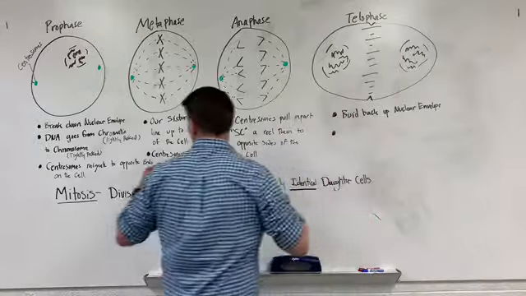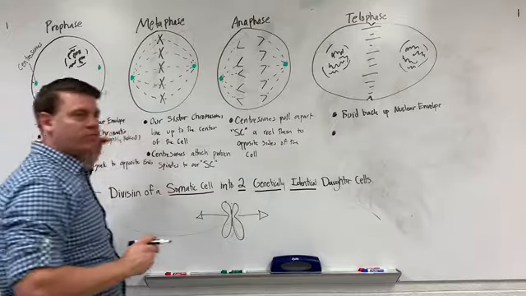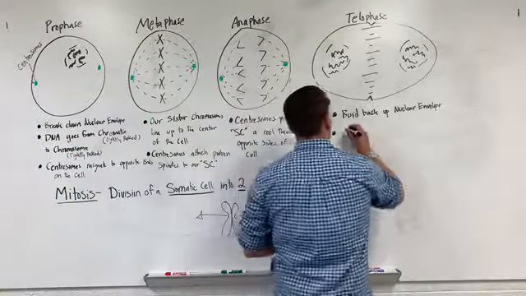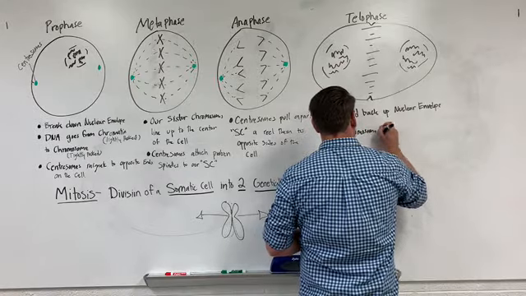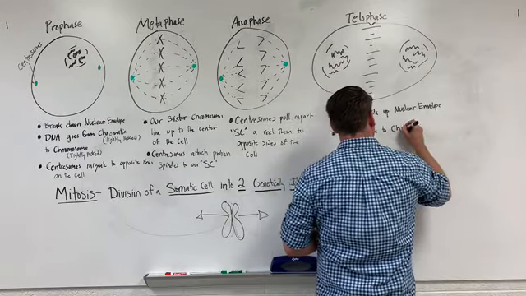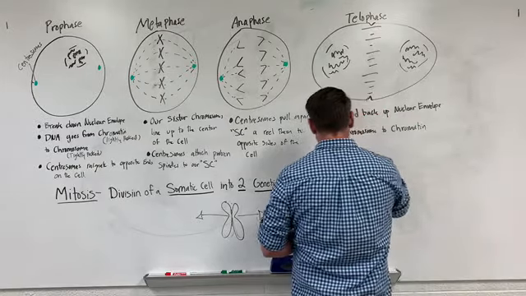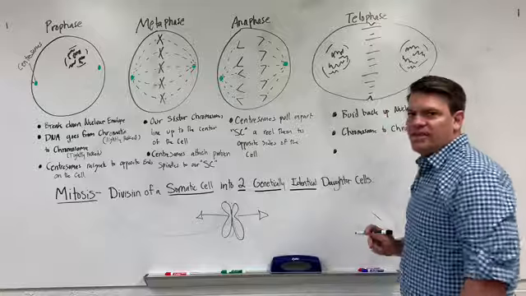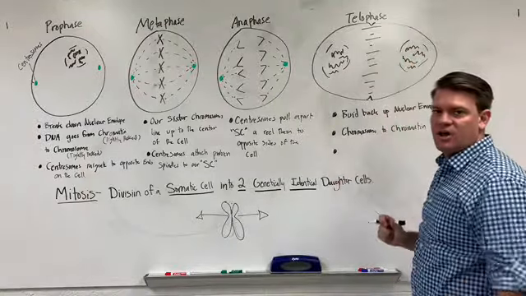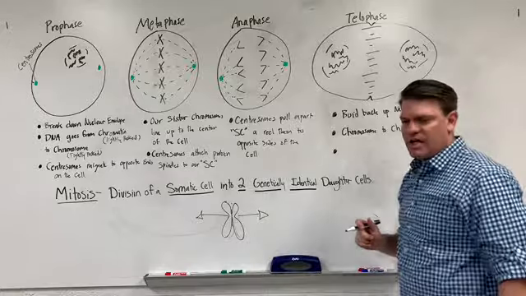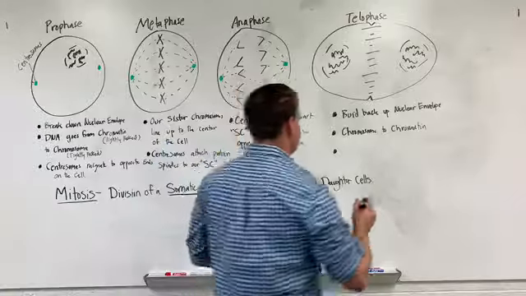And then our chromosomes are going to go back to chromatin, so from tightly packed to lightly packed. And then lastly, we're going to start to pinch off and split our cell into two. And we call this cytokinesis.